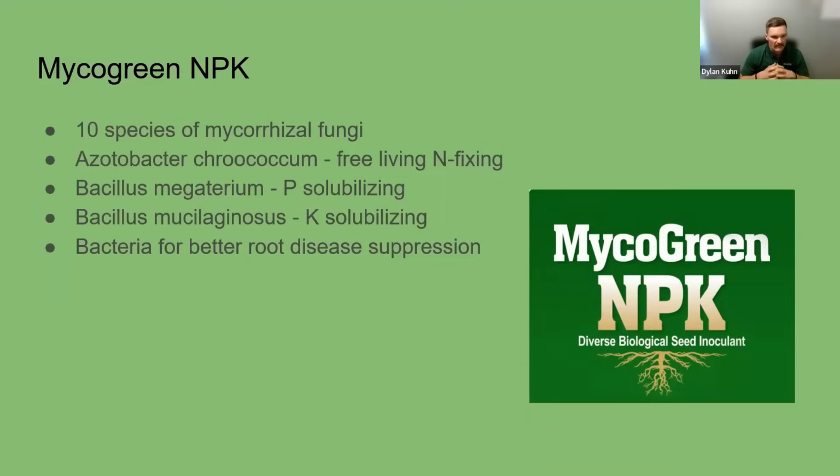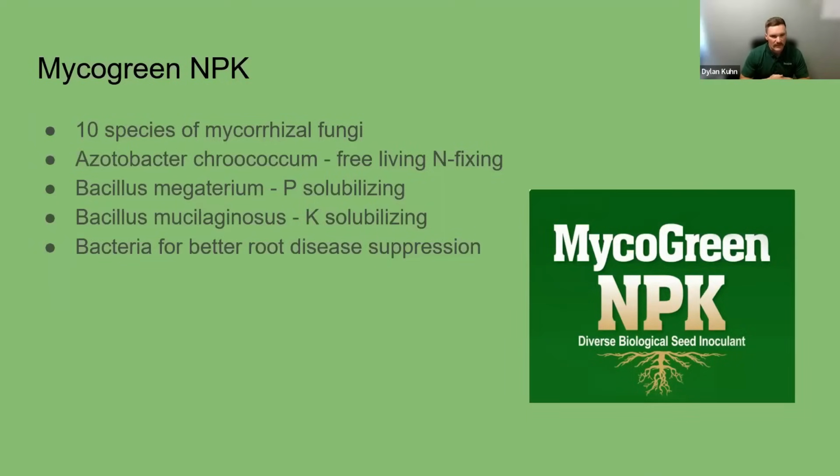So mycorrhizal fungi can certainly access water and nutrients that the plant may not otherwise be able to. I like to think of it as your roads in between your towns. That's how you transfer nutrients back and forth from plant to plant, like services and products. So really important in the soil and in this product.